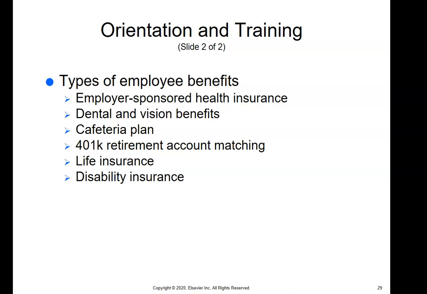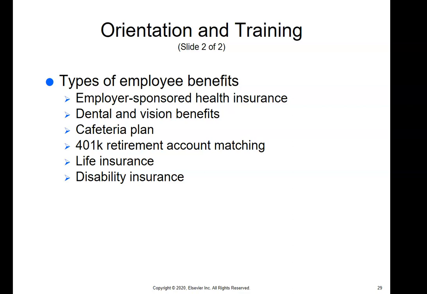The 401k retirement account matching. The employer matches the exact amount or a percentage of the investment the employee makes every pay period, or up to a specified amount. So it could either be in percentages, such as 2 to 3%, or a specified amount, such as $1,500. Life insurance.